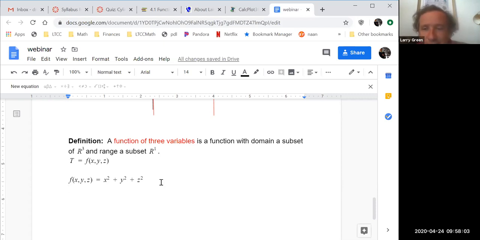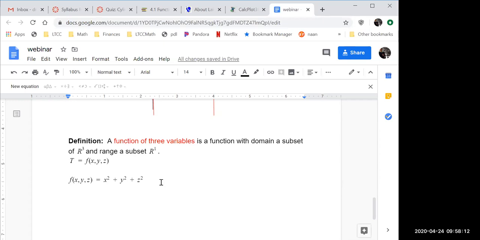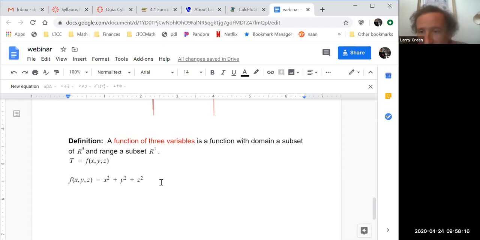One is the analogy to what we just looked at. And that is, instead of level curves, what do you think we might want to do instead of level curves? Very similar to level curves.